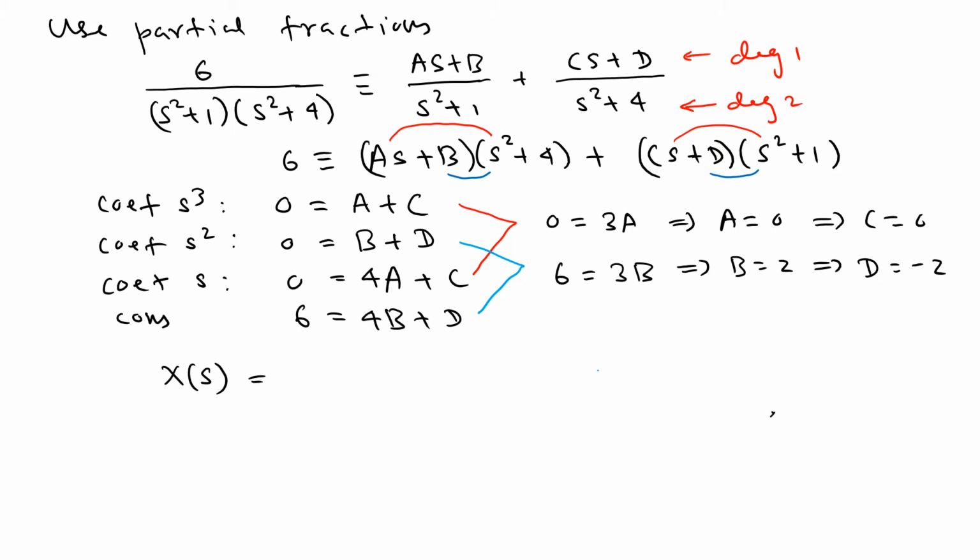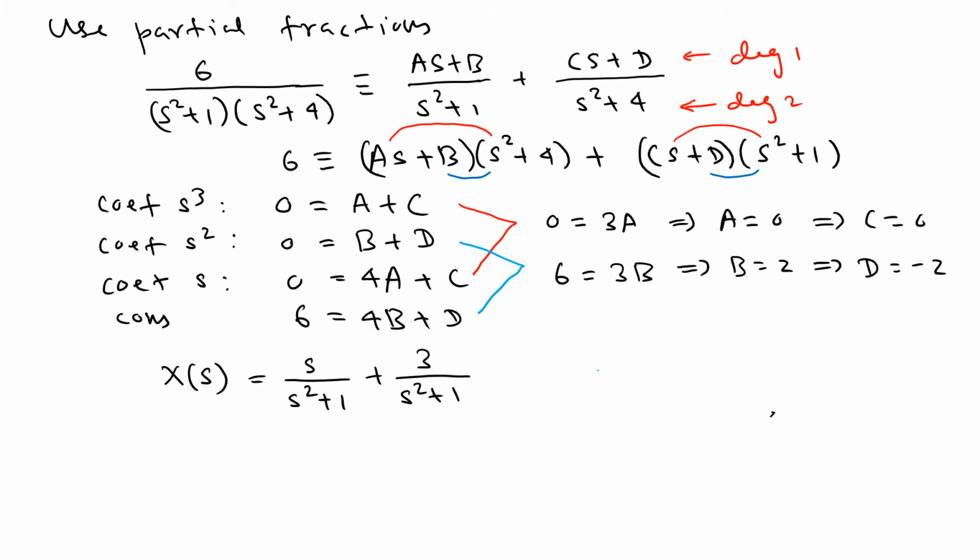Also remember we had a term that we did not use for the partial fraction, so I'm going to split that. You can write this one as s over s squared plus 1, and then plus 3 over s squared plus 1. That's what you get from the term that you did not use.